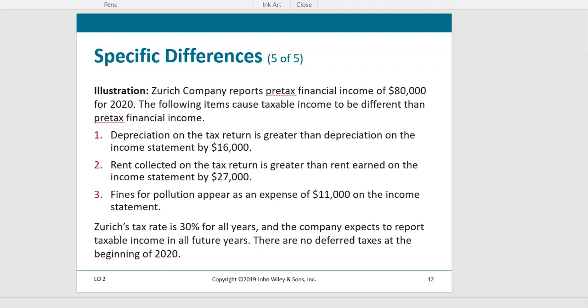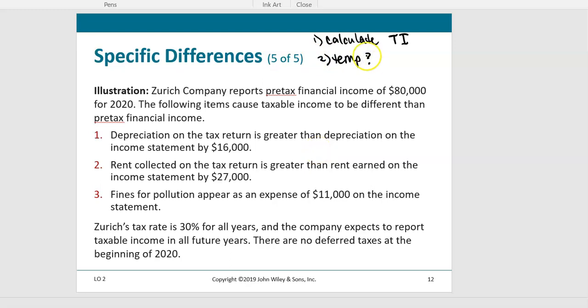So what do we need to do here? We need to calculate taxable income based on this. We know pre-tax income. For each of these items, we ask, how do we go from pre-tax income of $80,000 to get to taxable income? Do we need to add, subtract, or ignore each one of these items? As we're going through each item, we also have to ask ourselves, is it temporary or permanent?